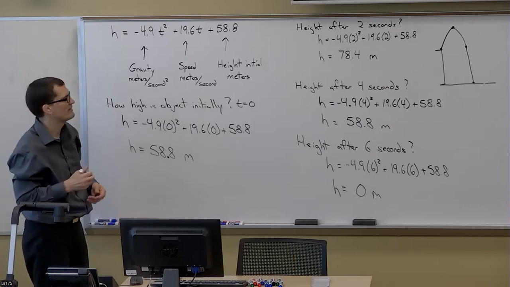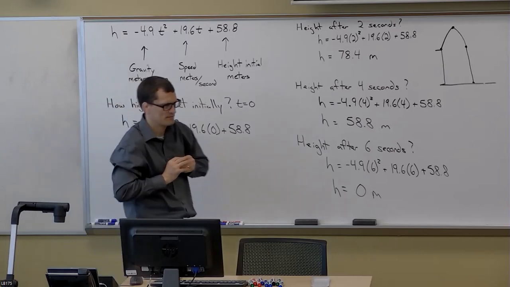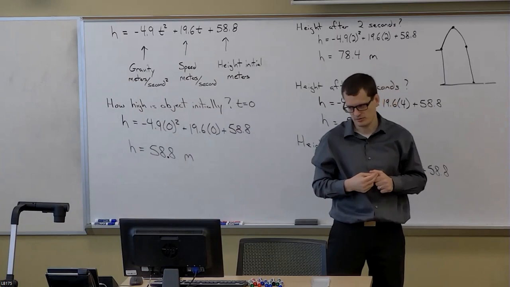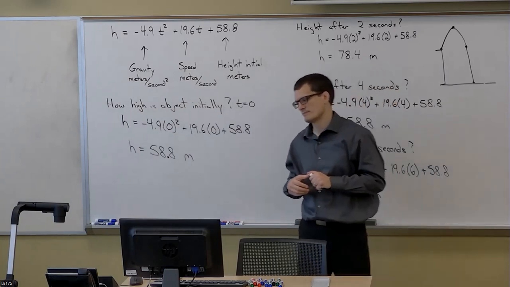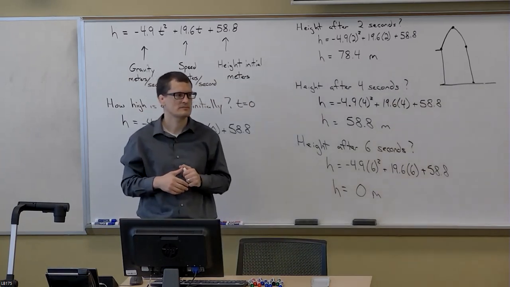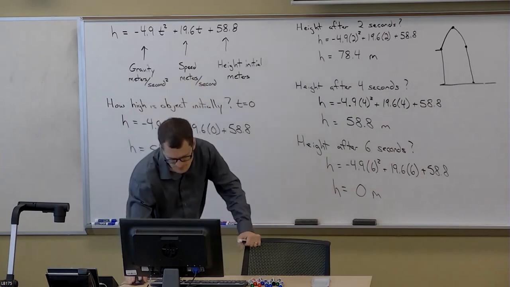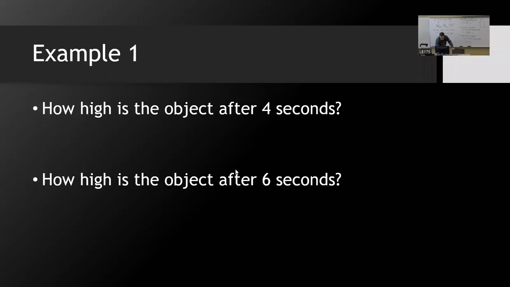So the gravity coefficient is always meters per second squared, or some other measurement per some other time squared. Is that right? Make sense? All right. Good.